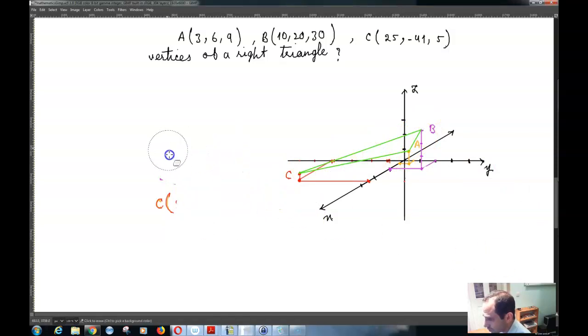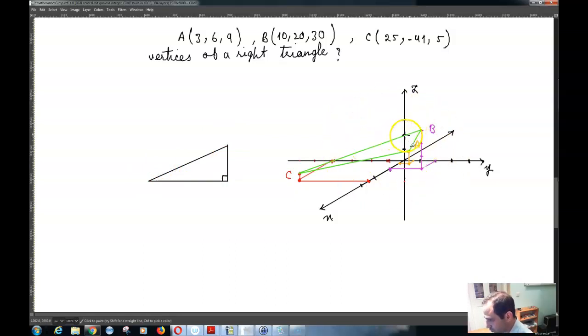If you want to show whether this triangle is a right triangle or not, you cannot really say that since this angle really looks like a 90-degree angle, it's actually a 90-degree angle.